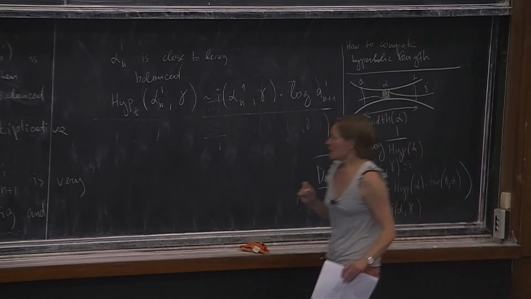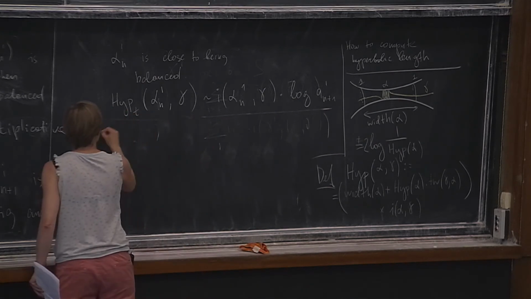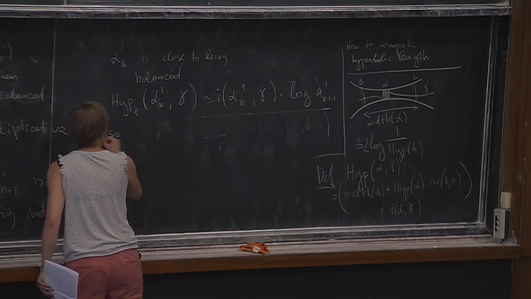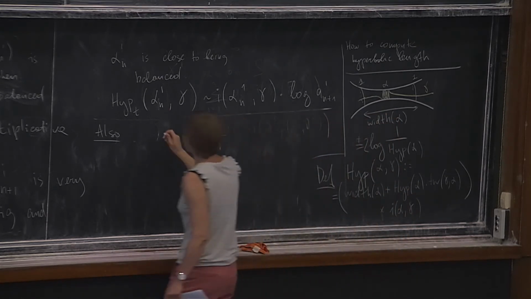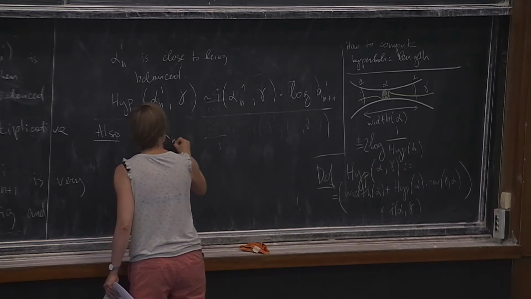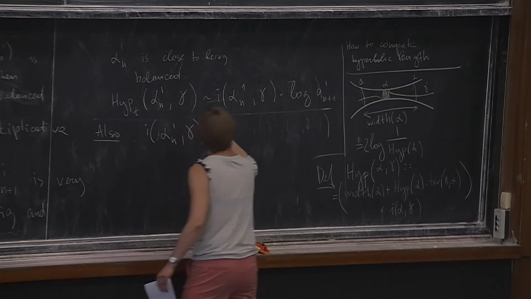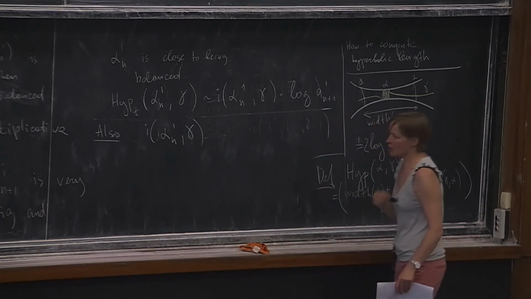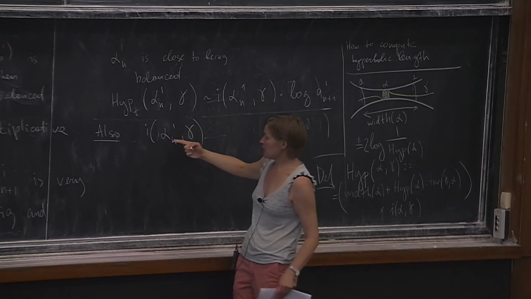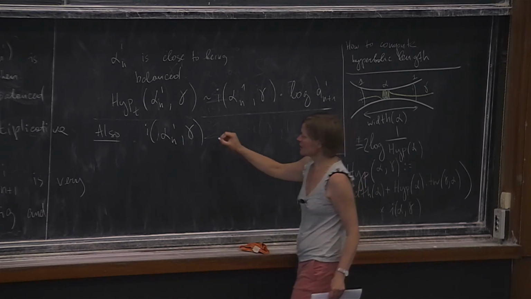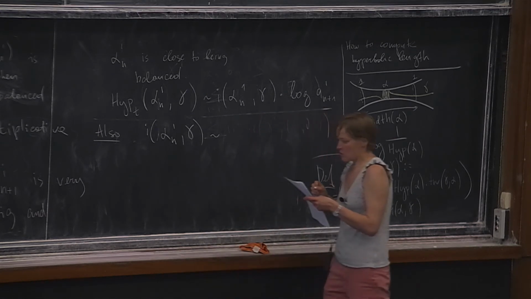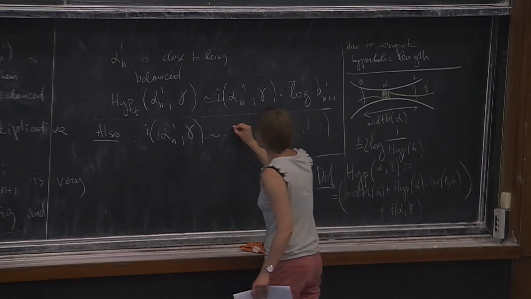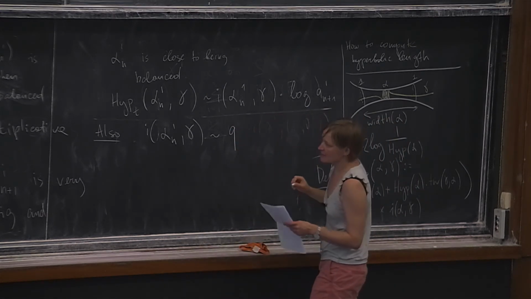We also know, and that's again like a high school computation, the intersection number of alpha and 1, because it's a concrete curve, so you know what it is. So it is asymptotically the same as, okay, I am in big trouble.